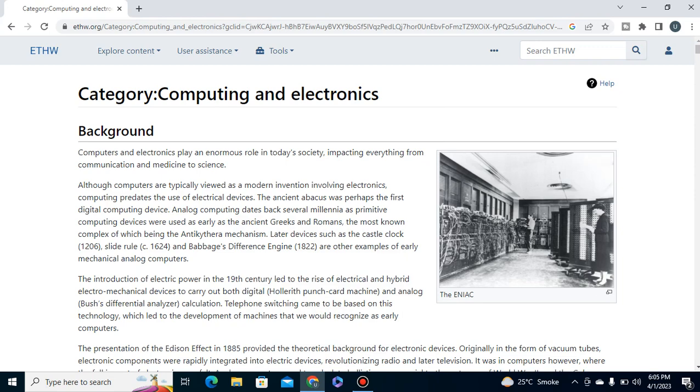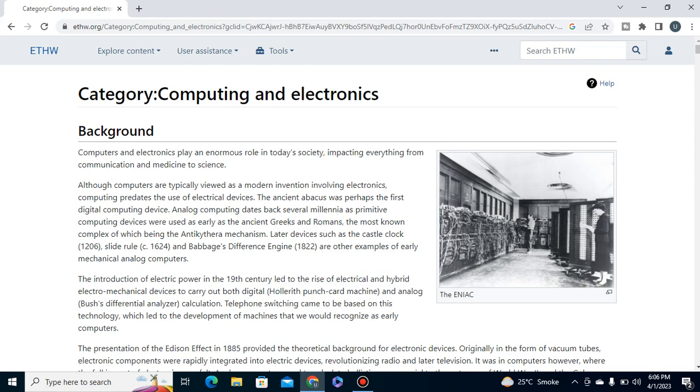Analog computing dates back several millennia, as primitive computing devices were used as early as the ancient Greeks and Romans, the most well-known complex of which being the Antikythera mechanism.